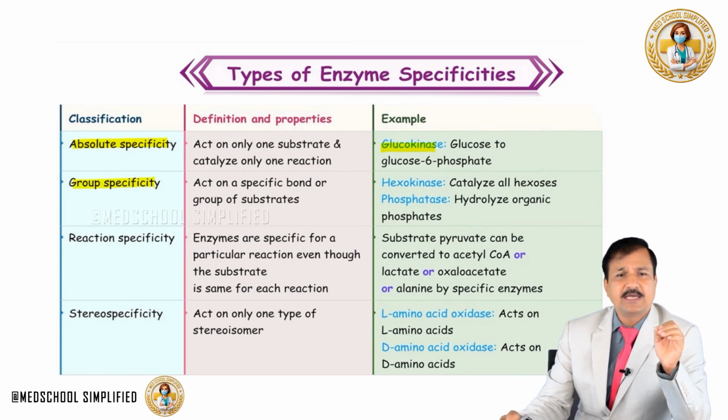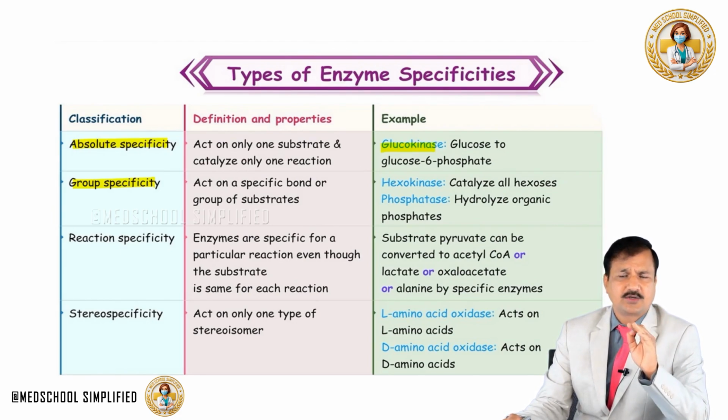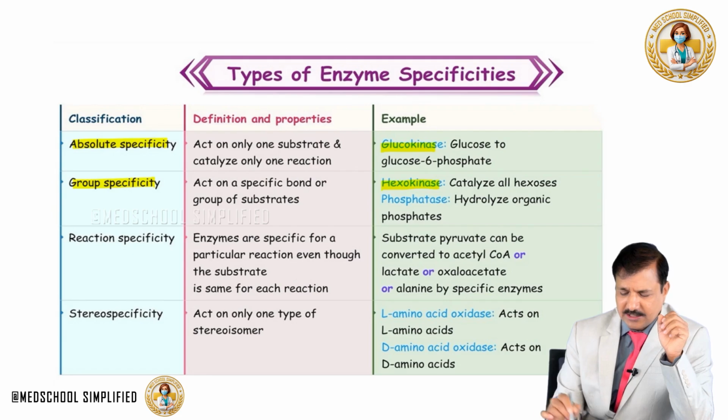Group specificity is when an enzyme acts on a specific bond or a group of substrate. Example, we have say glucose, galactose, fructose, mannose. All these are 6-carbon containing molecules. We call them hexoses. Now, there is an enzyme called hexokinase.